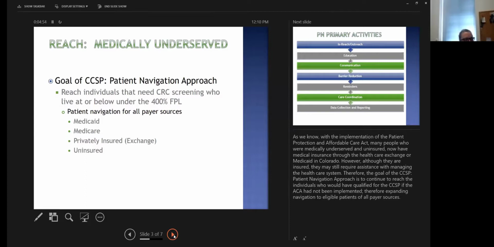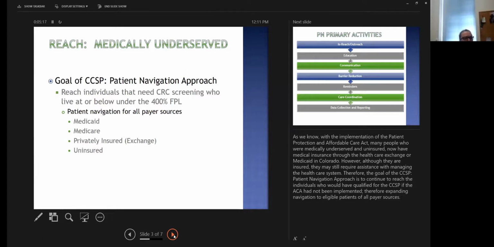Continuing in this work, and we're going to get into the discussion about the role and scope, at this current time our program, CCSP, is embedded within the safety net clinics throughout Colorado. We have about 30 different clinic systems participating, which is over 100 individual clinic sites navigating on behalf of the program.